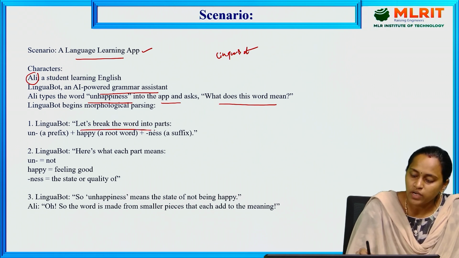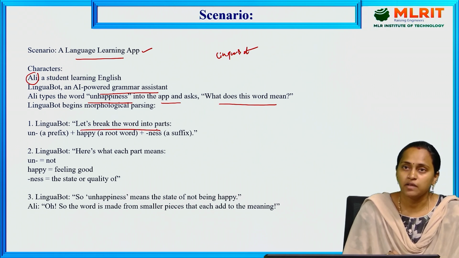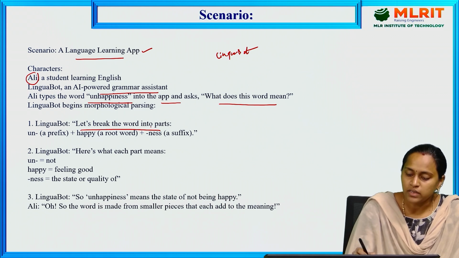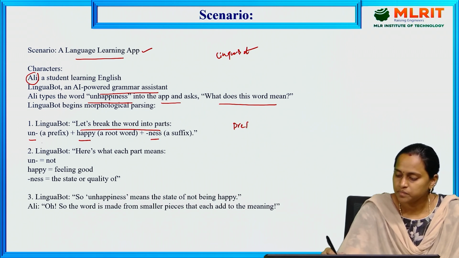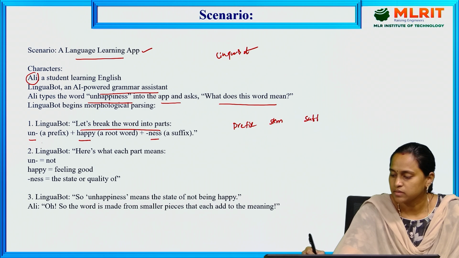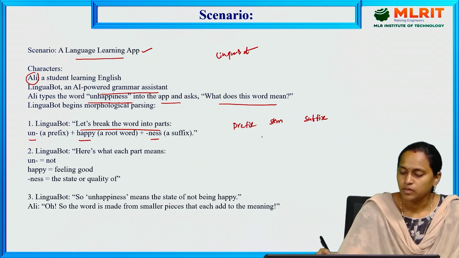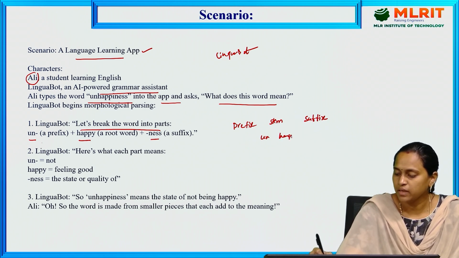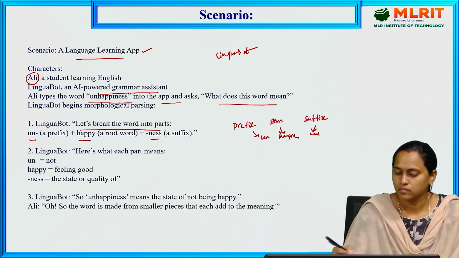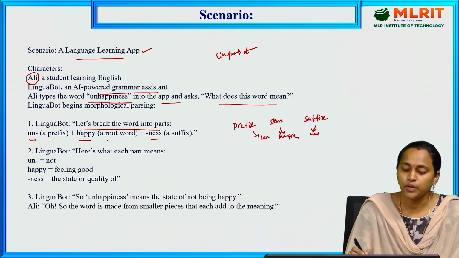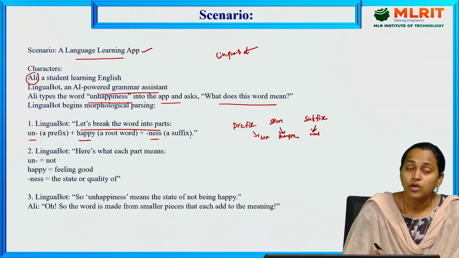Let's break the word into parts: prefix, stem and suffix. Unhappiness, unhappy plus ness.